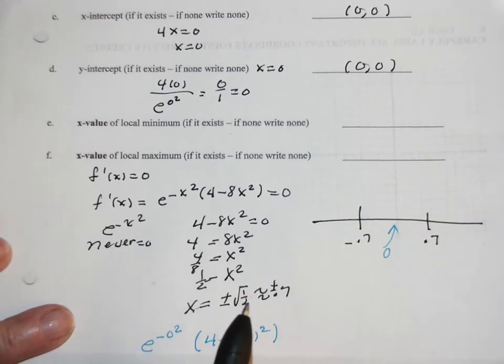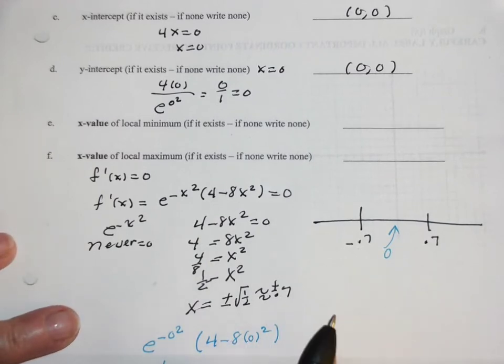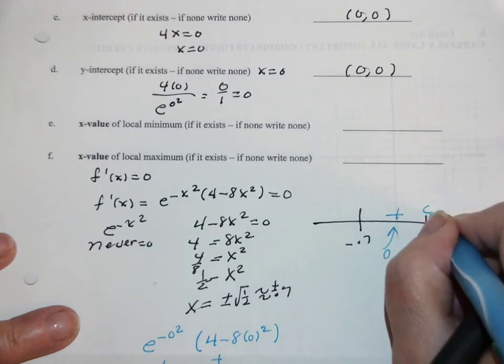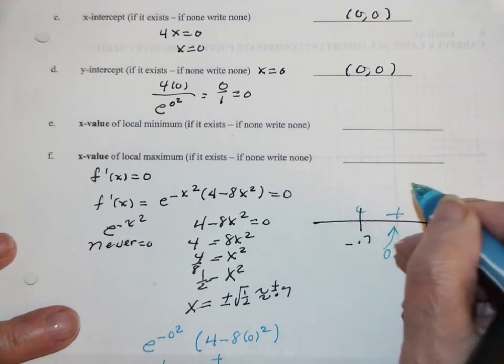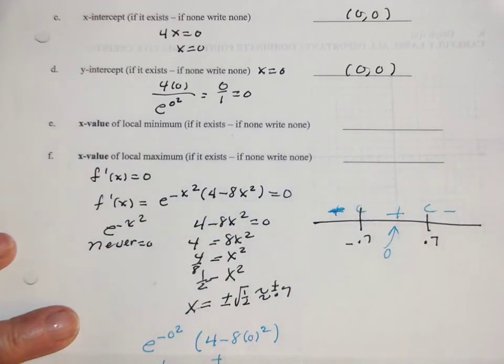E to the 0 squared, well, that's positive. In fact, it's 1. This is 0. That's positive. That's 4. So that's positive.